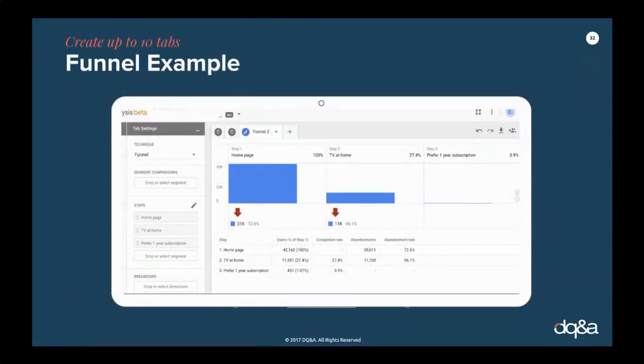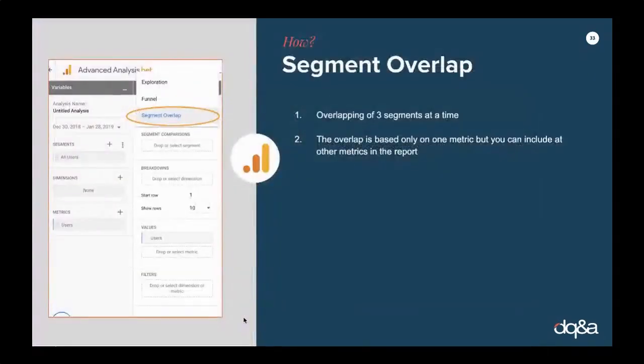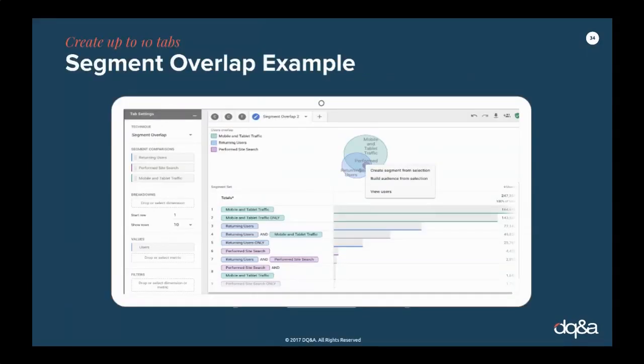This is a very easy example. But what I could do is I could come here and say, oh, let me right-click and create a segment out of these users. Now, the segment overlap, it is based only on one metric, but you can include other metrics in the report. So what it will look like is this.